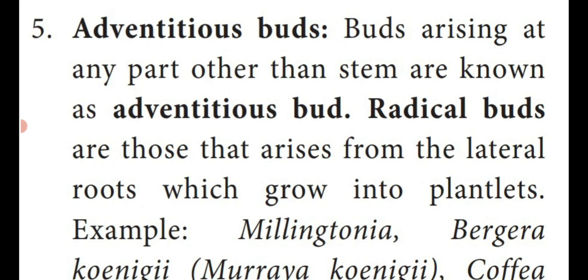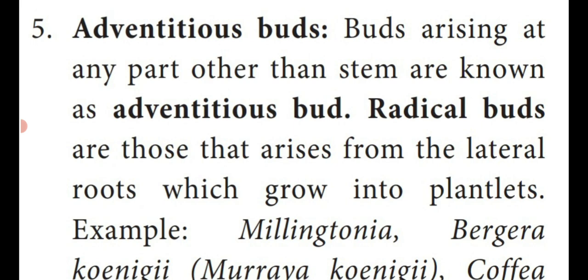It's known as, what is that one? Accessory bud. The last one is the adventitious bud. That means a bud which is arising apart from the stem region is known as, what is that one? Adventitious bud.